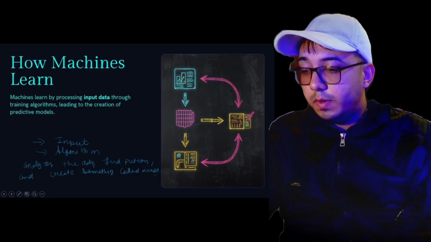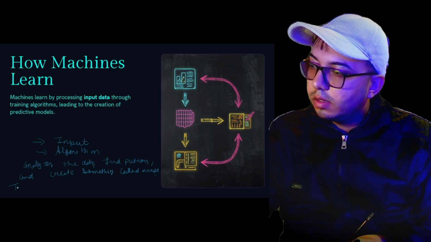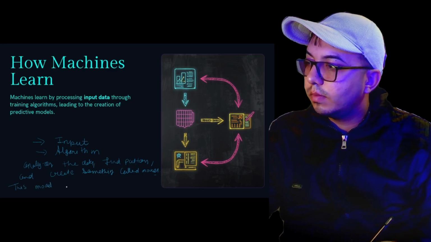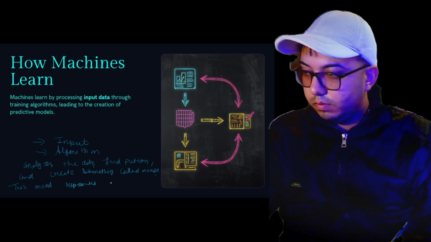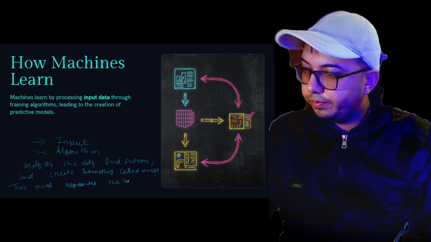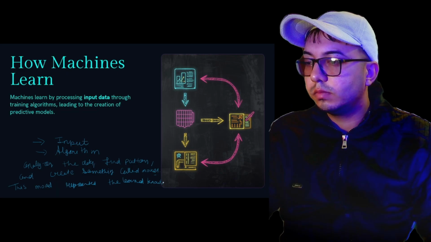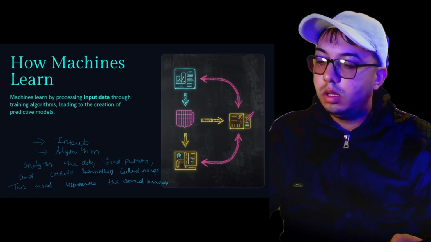And this model represents the learned knowledge. Okay, so that is how machine learning works.